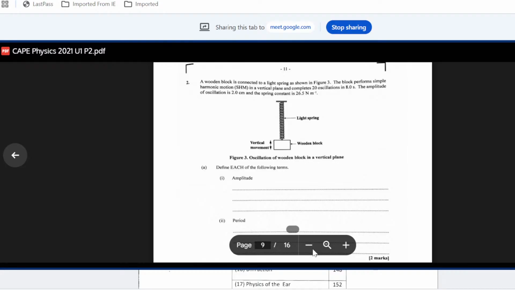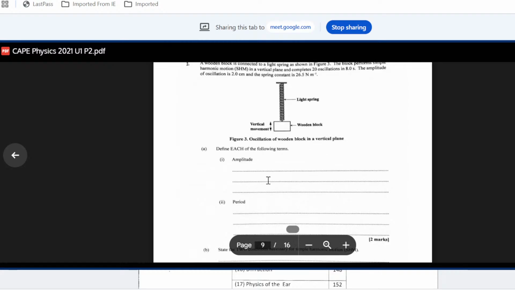Actually, this might be wrong. I got 0.314. Okay, because velocity is omega times amplitude. So 5 pi times 0.02.